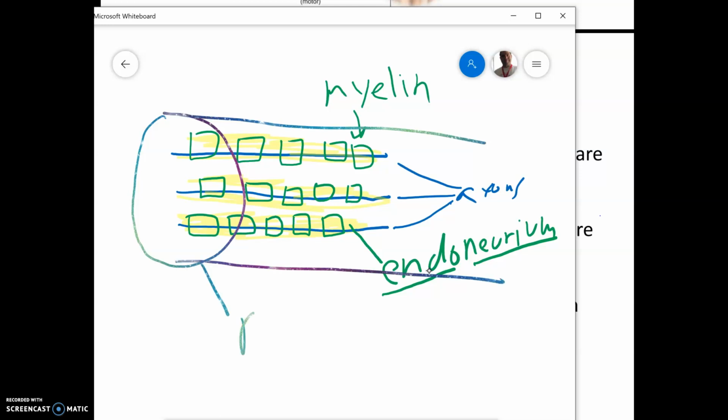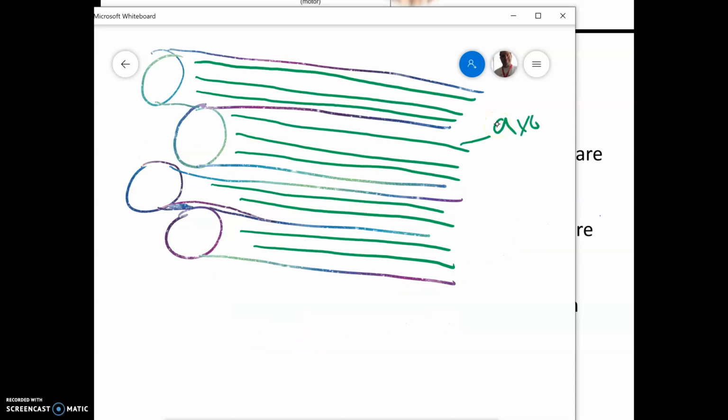The fascicles were wrapped in perineurium. So here's a bundle of axons right here, and they are wrapped together by the perineurium into fascicles. So we have our axons wrapped in endoneurium. So here we have axons wrapped in endoneurium.